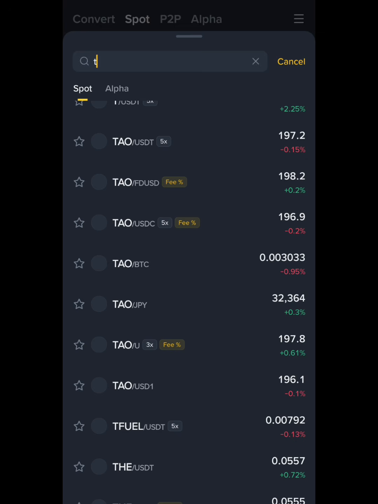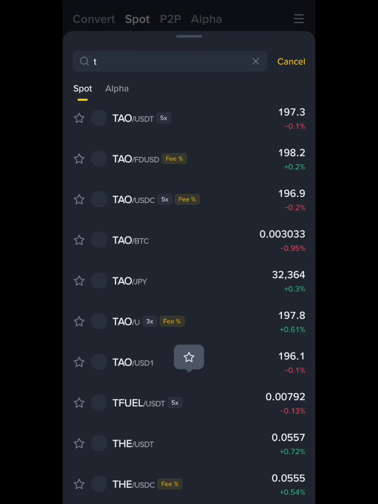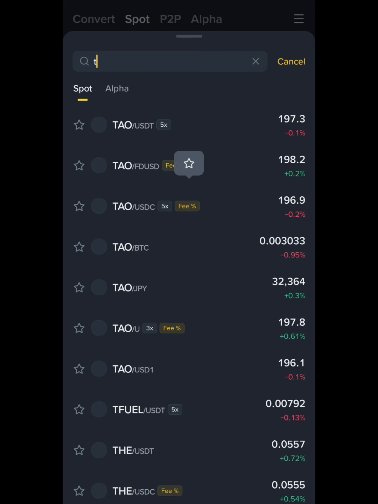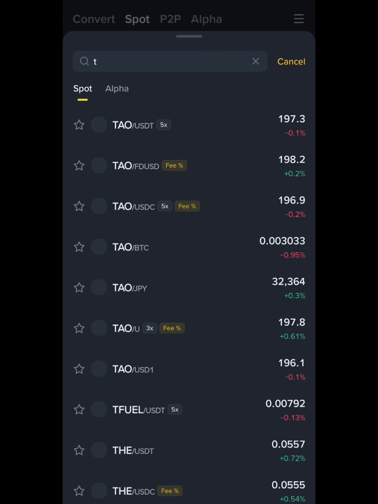So the cheapest one here is this one, FDUSD, which is 196. The highest one should be 198, right? Then BTC as well. Before you know the value of BTC, you have to convert it, right? So this is one advantage of using Binance. So if you are looking to start a triangular arbitrage, Binance is number one.